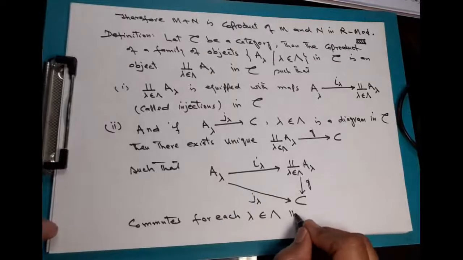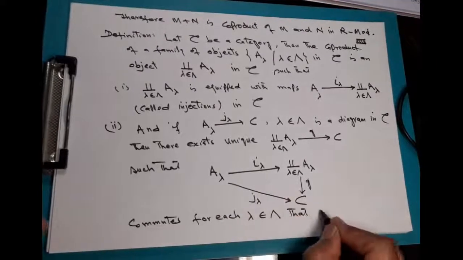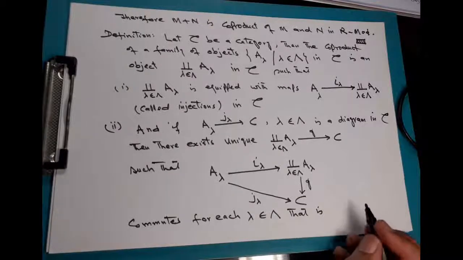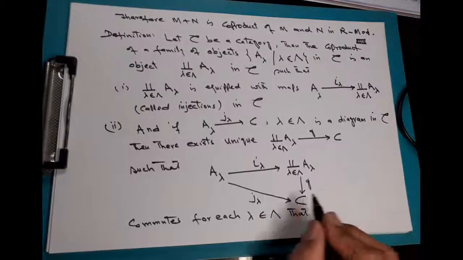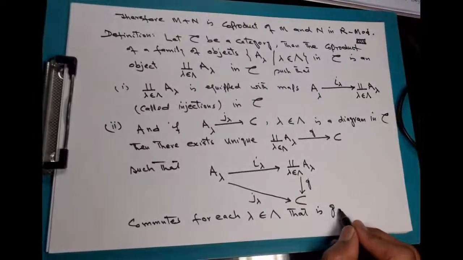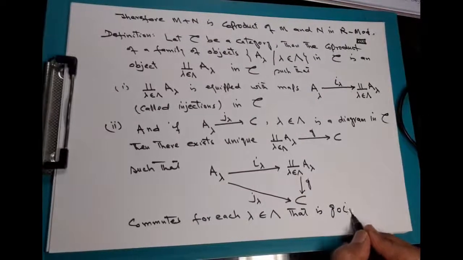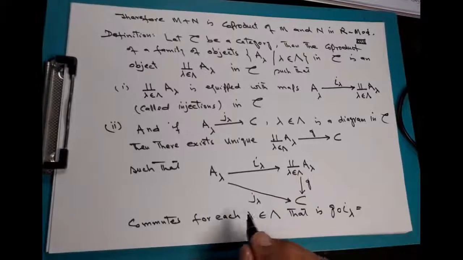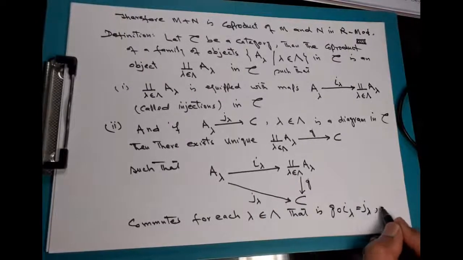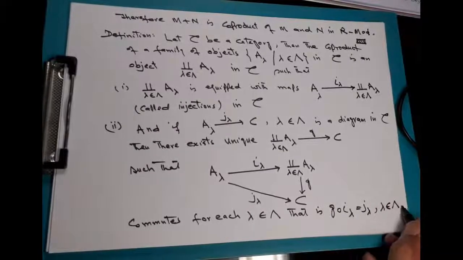What does commutativity mean? We know that commutativity means that g composed with I lambda is equal to J lambda. This is for every lambda belonging to Lambda.